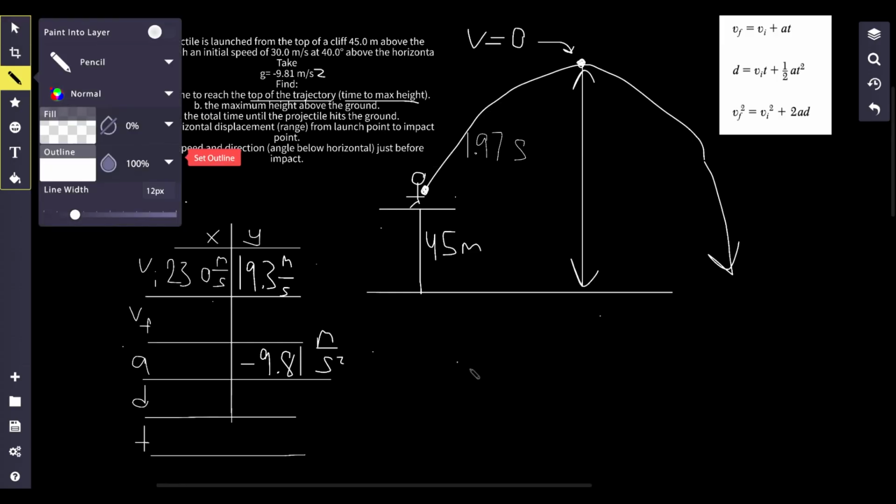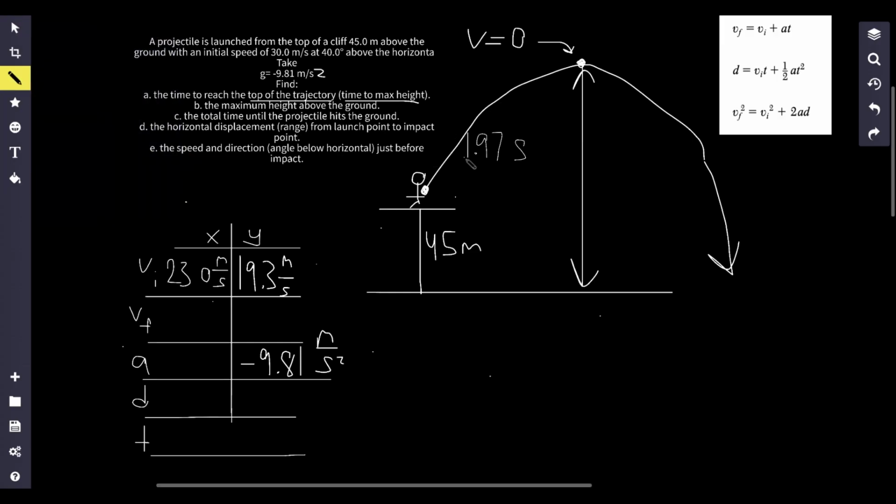And this is very nice because now that we have the time it takes for the object to reach its maximum height, we can calculate how high this distance actually is. Once again, because we're dealing with displacement, we're going to use this second formula right over here.